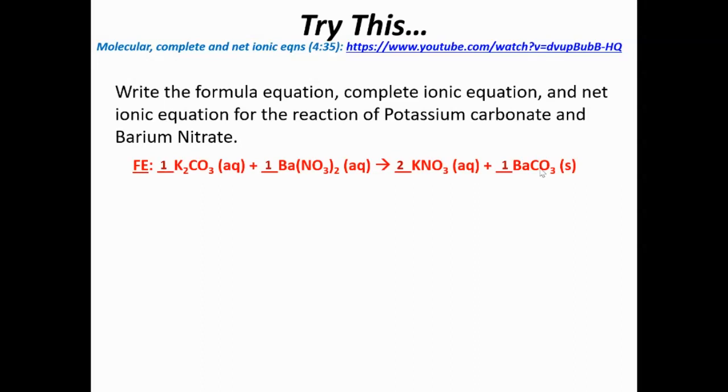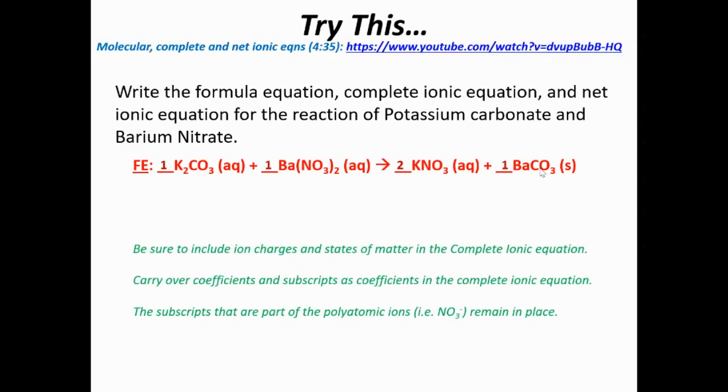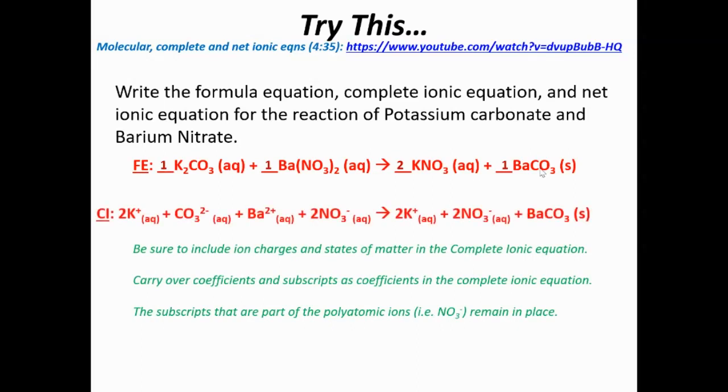The next equation is the complete ionic. The complete ionic equation is where you split soluble, aqueous compounds into their constituent ions, making sure any subscripts become coefficients for individual ions like potassium. Of course, carbonate is a group.